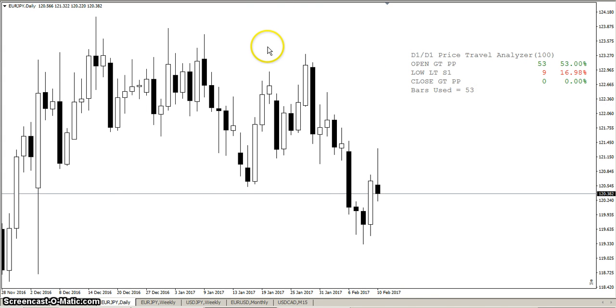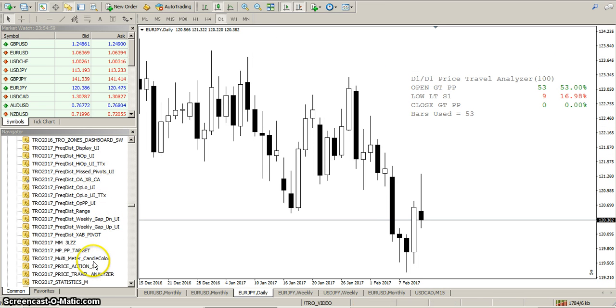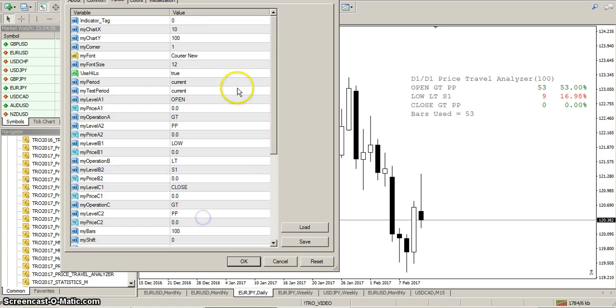So okay, what we can do is load up another one. Now we want to load up a second version, so we'll increase the indicator tag so it doesn't overwrite. Since it's using 5 lines and they're about 20 high, we can just move it to 200 and we'll get a second version of the indicator there. So open greater than the pivot, low less than S1.